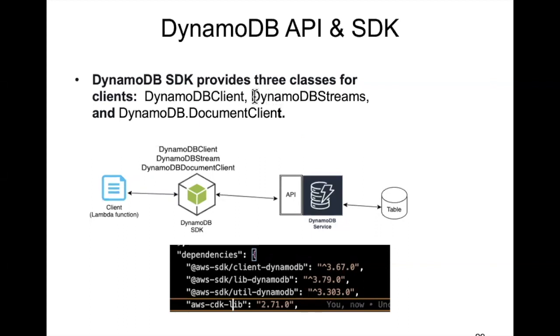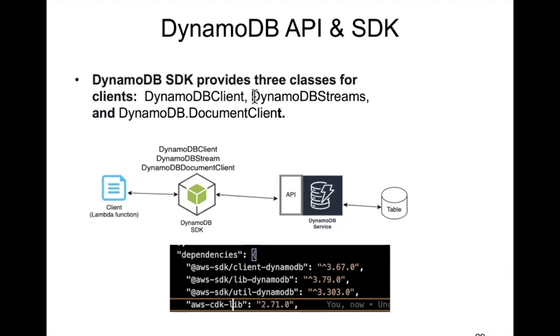Now, when we were talking about the Lambda service, I mentioned that it provided an API interface, a RESTful API interface, with an accompanying SDK, and that facilitated other services communicating with Lambda. The same is true of DynamoDB. It also has a RESTful API interface, and it has an accompanying SDK.